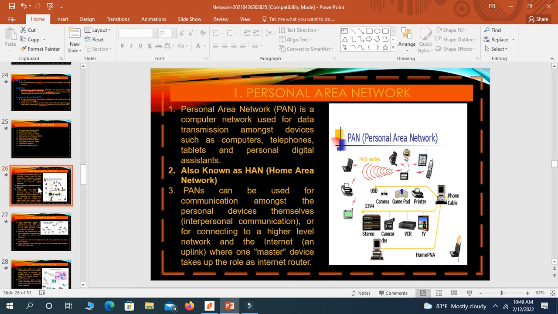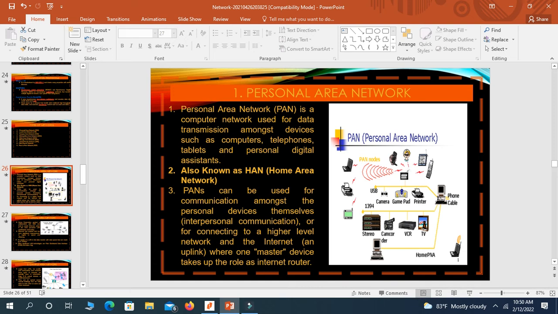That's it. What are personal devices? You may have personal computers, personal telephones, tablets, and personal digital assistants. So these are the personal devices that we have. A personal area network is a computer network used for data transmission amongst personal devices.